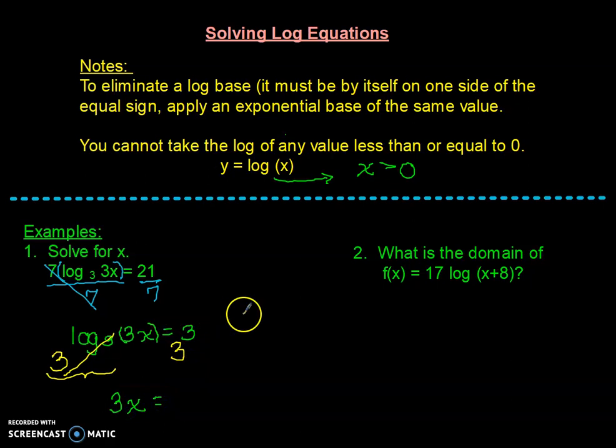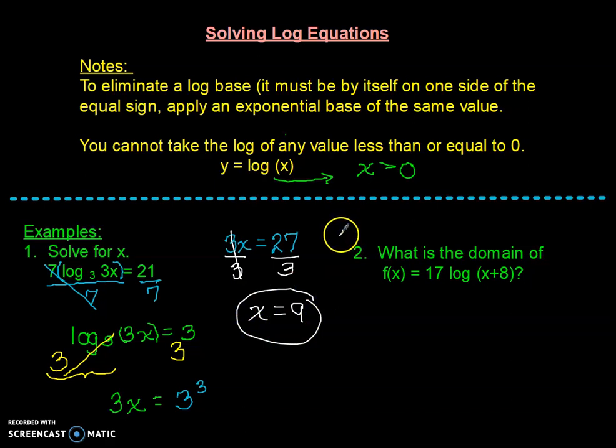On the right side, that exponential base 3 has not gone anywhere, so this is 3 to the third power. If you know your exponents, you can divide by 3 and simplify, but you can also just expand it. So 3 times x equals 3 to the third power, which is 27. From here, we isolate x by dividing by 3 on both sides, and that gives me x equals 9.